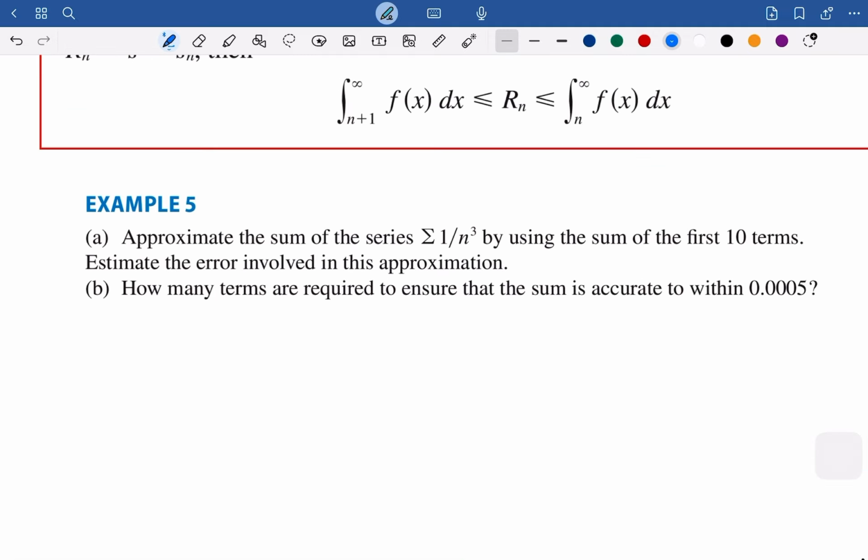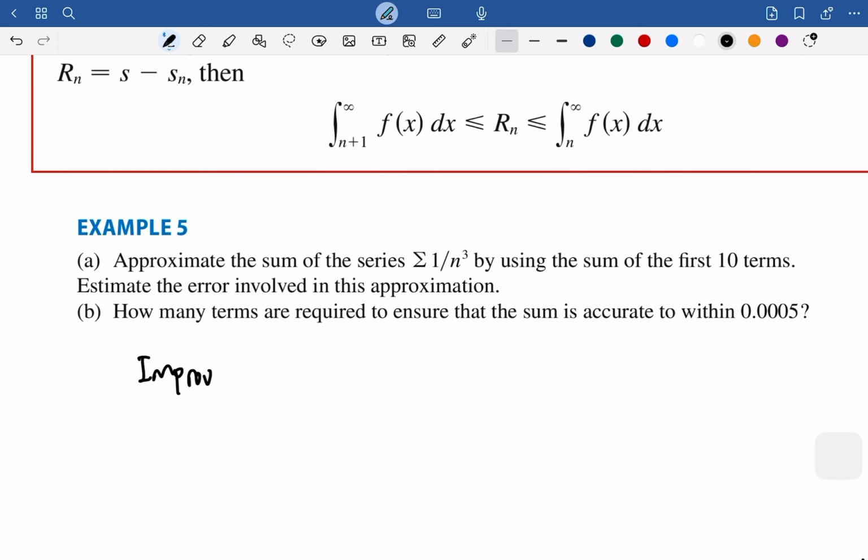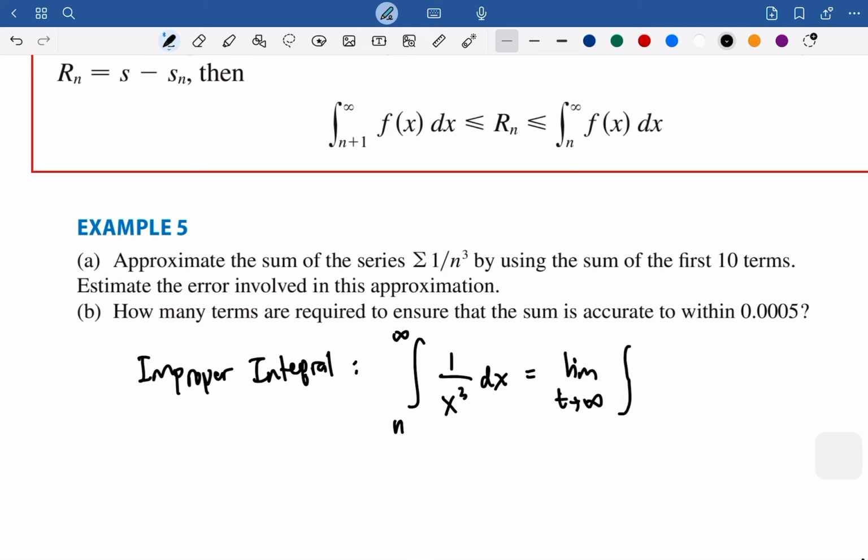So first, perhaps we could see the improper integral. Let's just say we are going to take from n until infinity, just to see the form. N is a real value, and we could take the limit to make it improper.